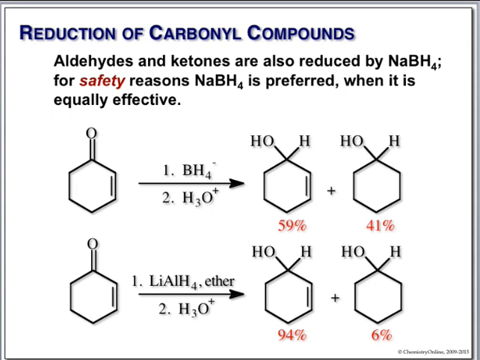In spite of that, if you are in a lab, especially our labs here, and we did a reduction, we would always use borohydride instead of lithium. The reason is that lithium aluminum hydride is extremely flammable. It just whooshes in air like mad.